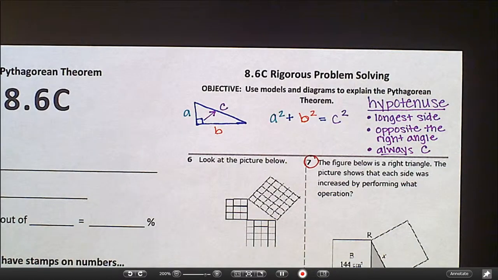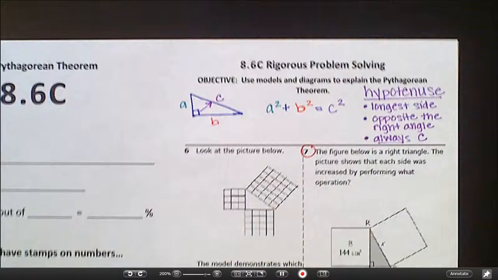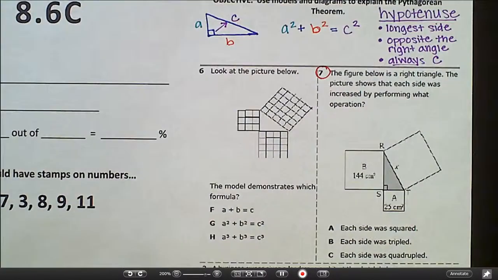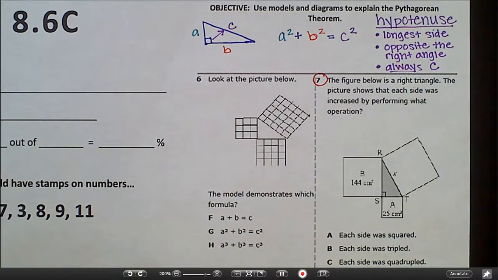Now, the way that Pythagoras came up with this theorem is by actually creating squares. So we're going to look down here at number 6 and do number 6 together, because you see that they have made squares here. So we're going to take this problem a little bit further than it needs to be taken.